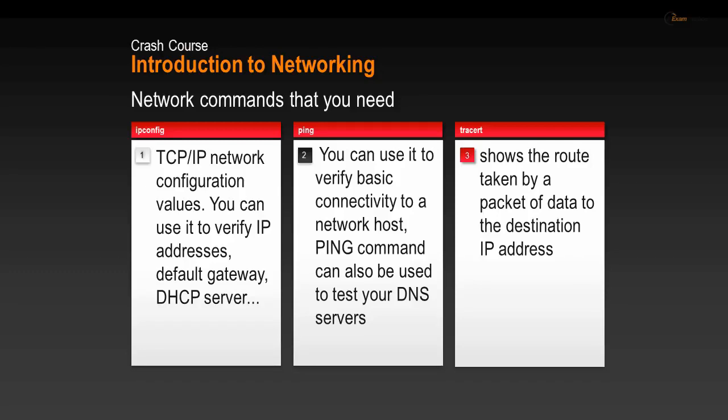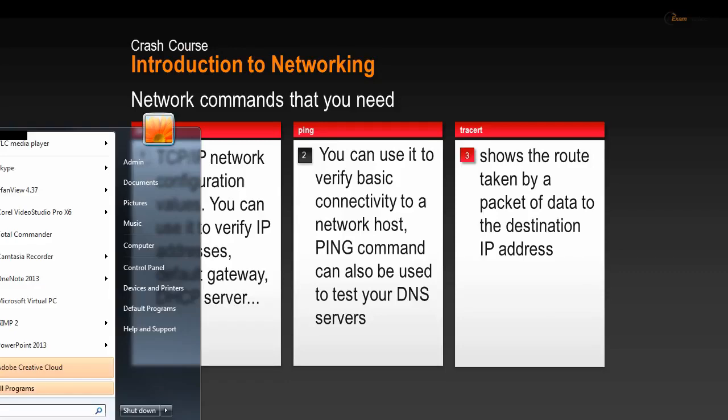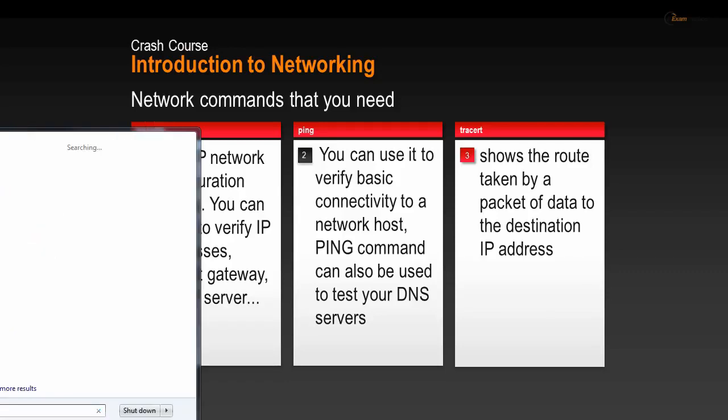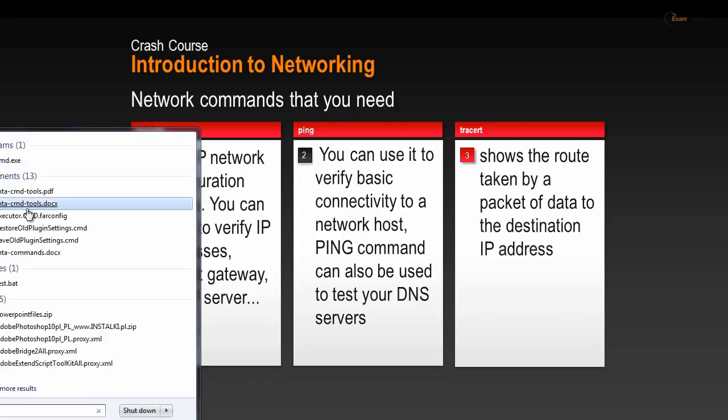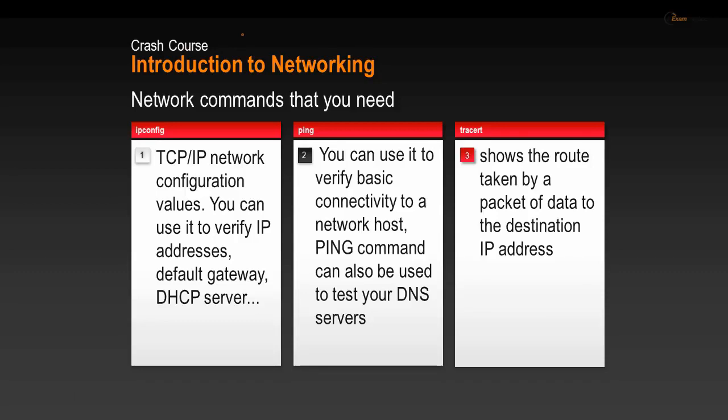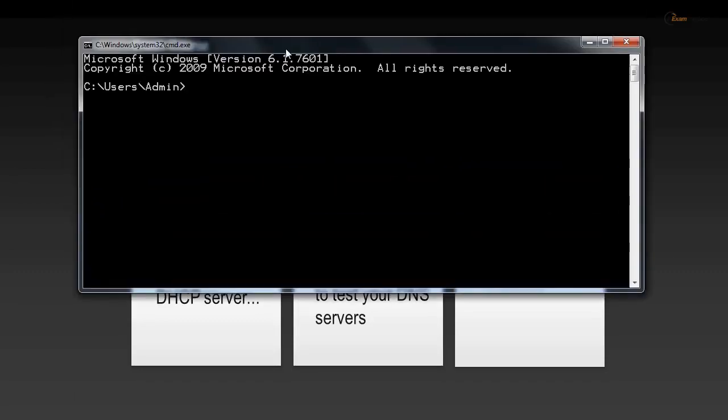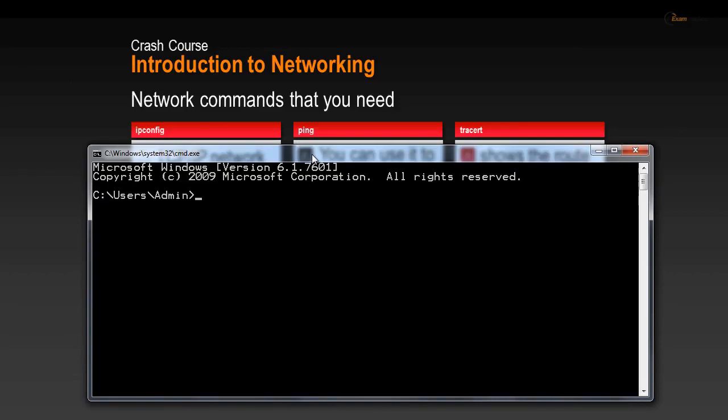To access these commands, we go to Start and we type cmd. Thanks to that, we can access a nice black screen. We can type commands here. I want to keep the commands on the screen as well so you can see them. Let's start with ipconfig.